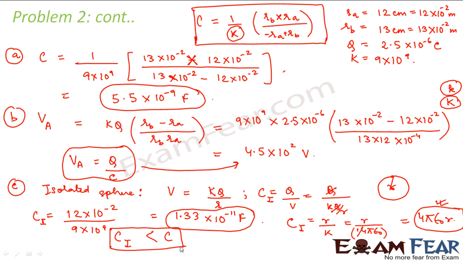By earthing the outer sphere, we are increasing the potential difference between the two spheres. As a result, more charge can be stored in the capacitor and therefore the capacitance increases. Whereas in case of isolated sphere, there is no earthing of any other conductor. There is only a single conductor. So therefore, its capacitance is comparatively less.